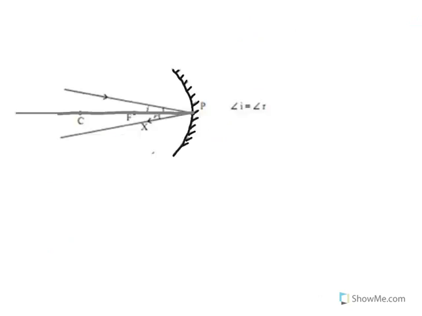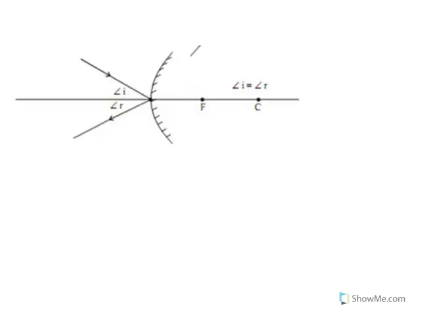Here's the case for any ray, not any special ray. In this case, the ray falls onto the mirror. When it reflects back, always the angle of incidence will be equal to the angle of reflection. So here it comes out, reflects in such a way that this angle of incidence will be equal to the angle of reflection.